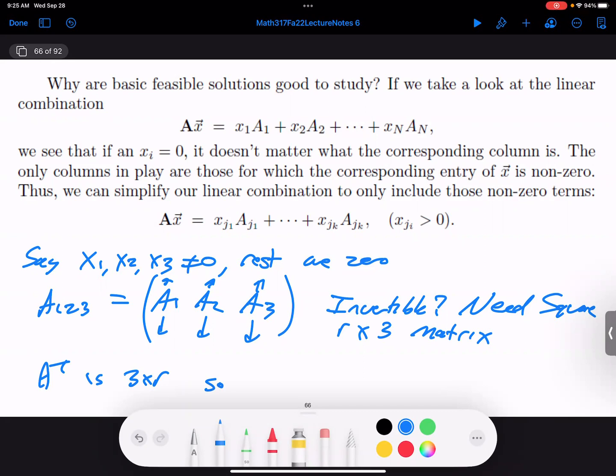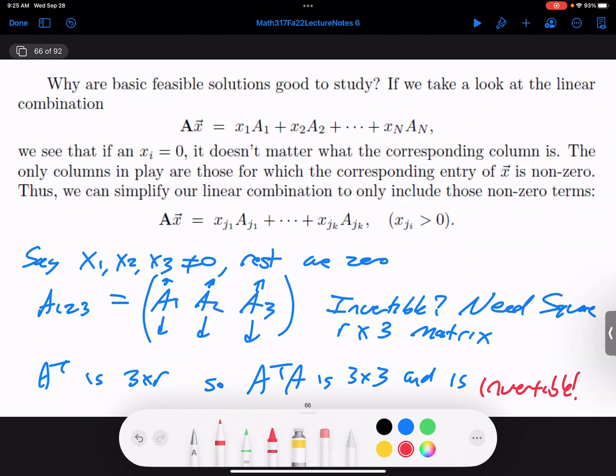You've got a 50-50 chance if you guess randomly. What would be the size of A transpose A? So A transpose A is 3 by 3 and is what? Square, and is invertible.